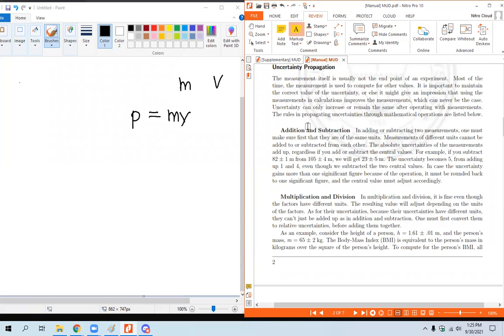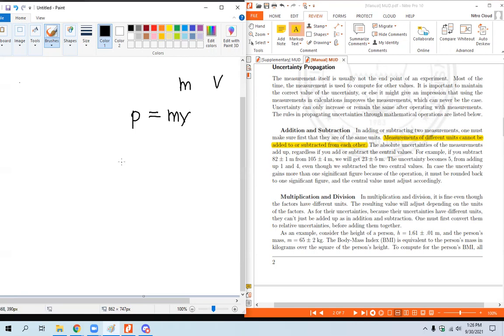So, how you deal with uncertainties when using them in mathematical operations depends on what you're doing. For example, kapag nag-a-add tayo ng quantities with uncertainties, the measurements of different units cannot be added or subtracted. So this is a standard thing that you will encounter sa 71 din.